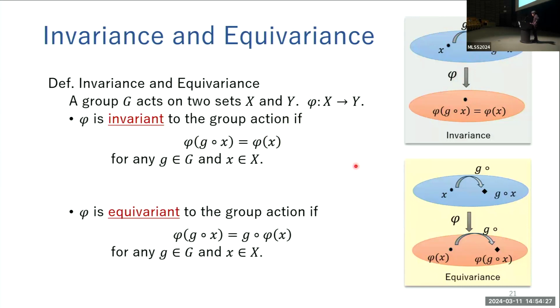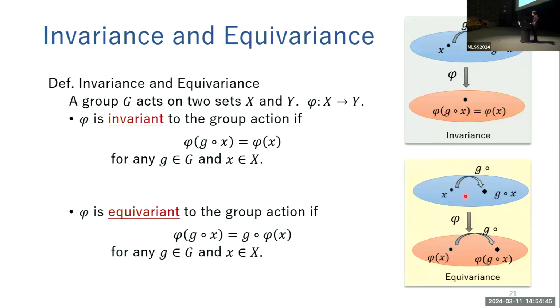This is invariance. And equivariance requires that the group action is compatible, or commutative, with the mapping phi.